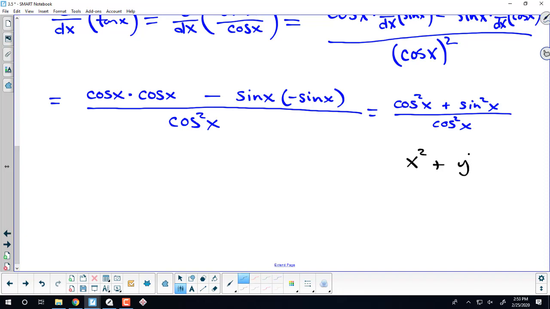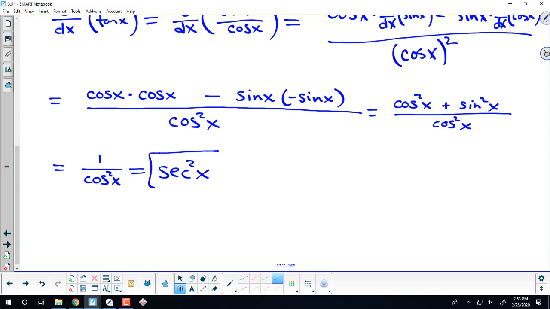Sine was like the y-coordinate. Unit circle, that's where sine and cosine came from. So that's a fundamental identity with sine and cosine. So the top is just 1, and 1 over cosine squared is secant squared. Derivative of tangent is secant squared.